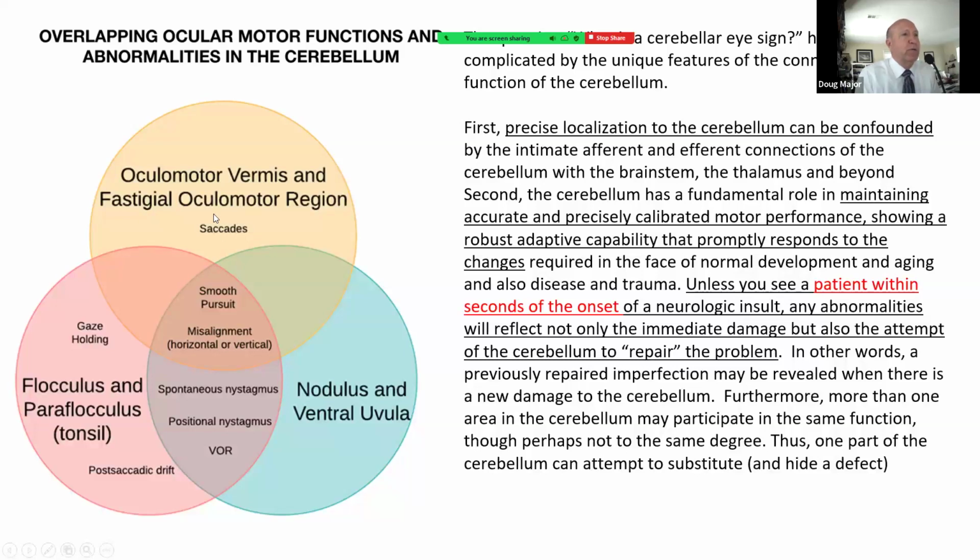Now, this Venn diagram is very important from Dr. Z, and the idea of mostly diagnosing things with problems. You notice in these Venn diagrams, in the center, we have smooth pursuits and misalignment. These things all connect there, and with the 3 areas of interest, saccades and the gaze holding.